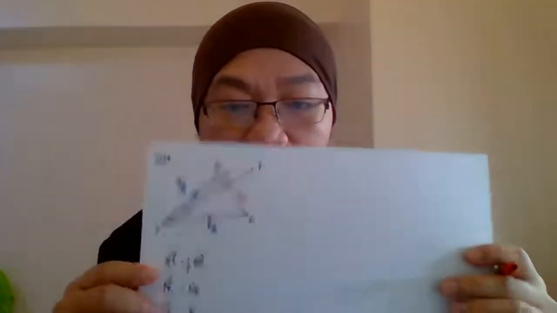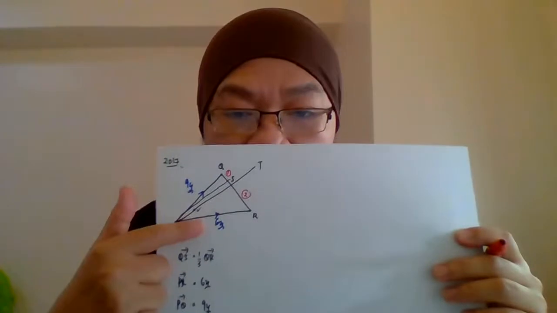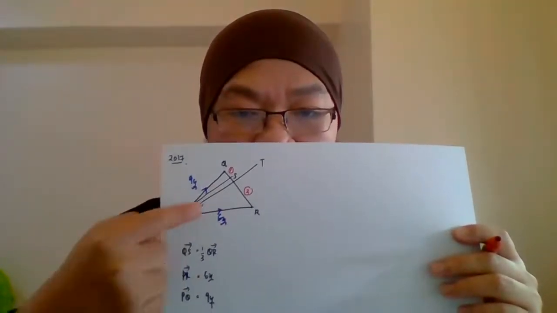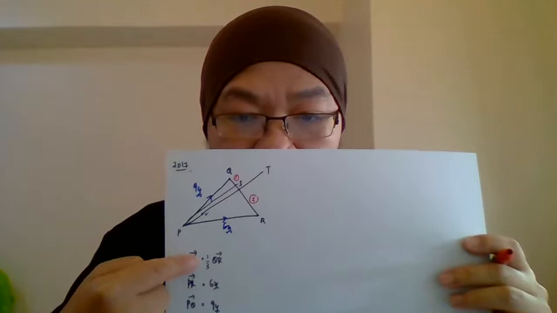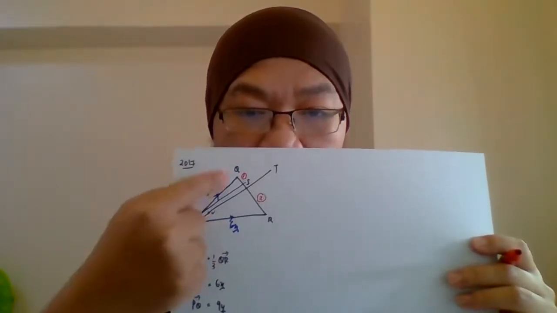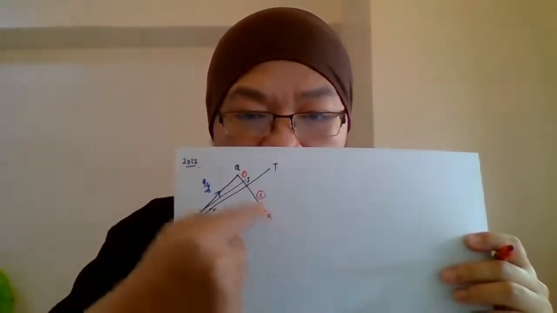Okay, this is the vector. And then the QS is 1/3 of the QR. What does that mean? Okay, guys, now you see, this is a ratio. QS vector equals 1/3 QR. That means this is 1 and the SR is this one. You see, the blue color is very straightforward because we just update. But this one, QS equals 1/3 of QR.